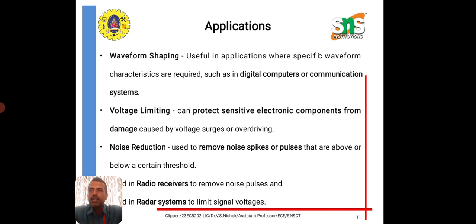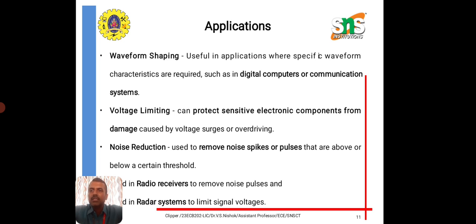Such circuits can be utilized in various applications that are listed here. Waveform shaping is useful in applications where specific waveform characteristics are required, such as digital computers or communication systems. We can rearrange the amplitude and move further. That is the main application here. Then voltage limiting: we can protect sensitive electronic components from damage caused by voltage surges or overdriving.